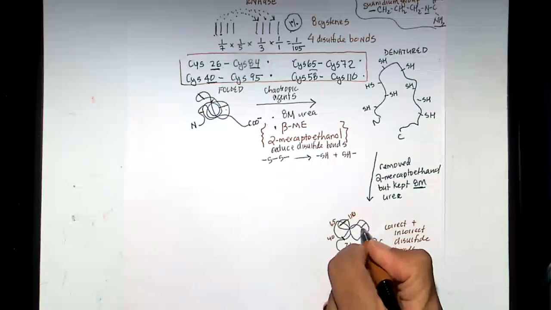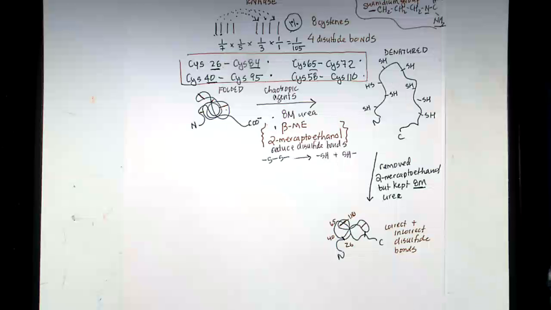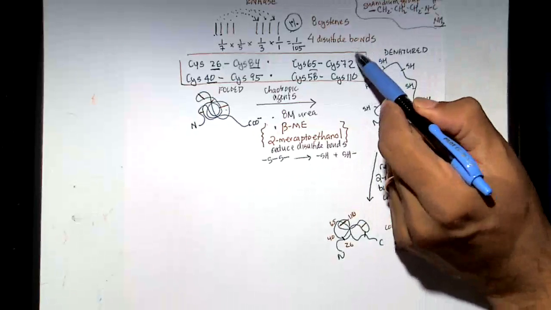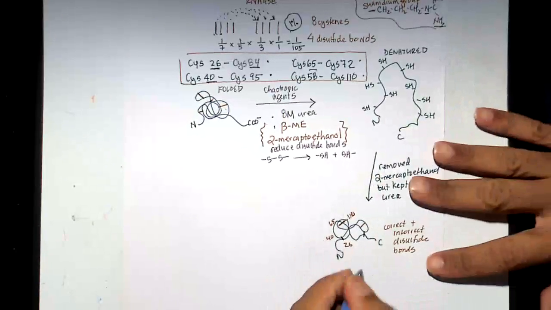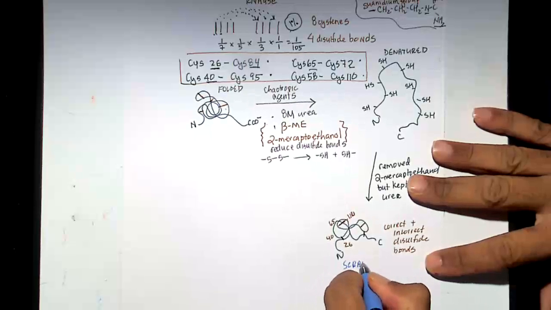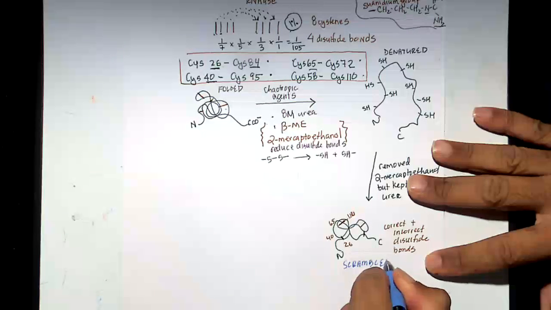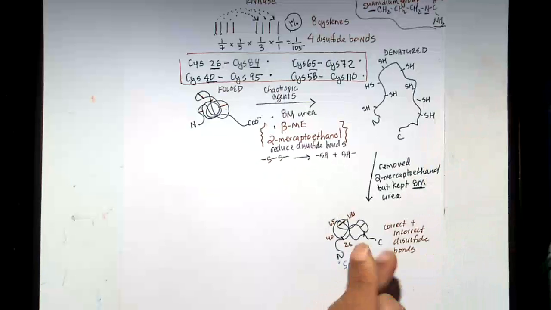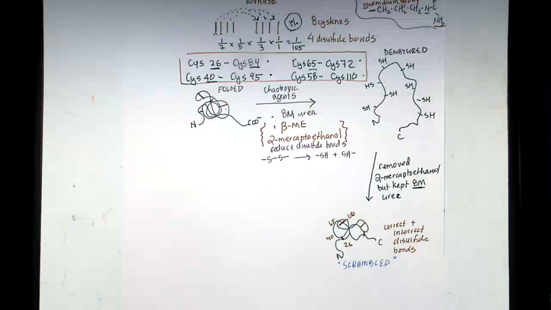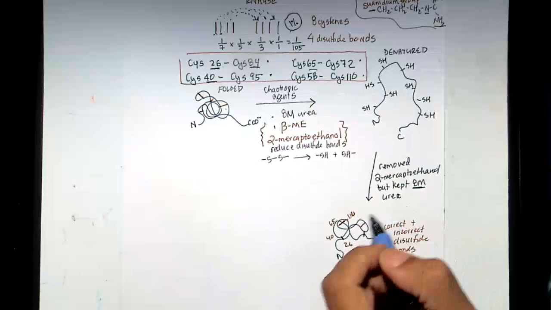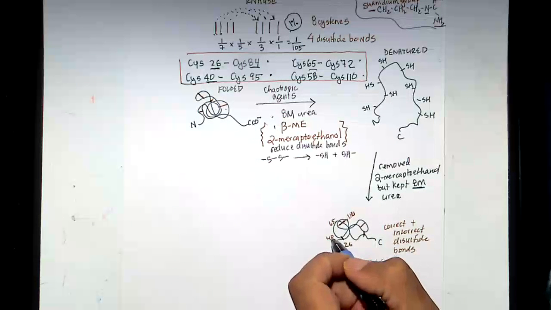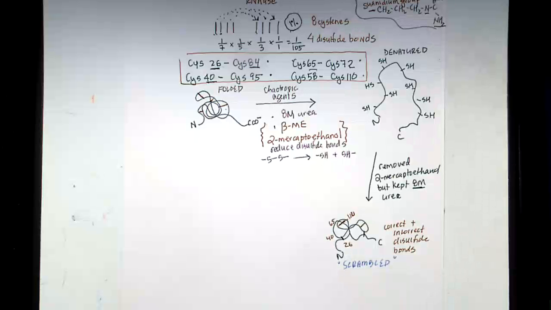So 1, 2, 3, 4. This is called the scrambled protein. This protein is scrambling to find the correct disulfide bonded form. The protein is folding rapidly, but unfortunately, it's doing the disulfide bonds, but sometimes it has the wrong disulfide bond arrangements.